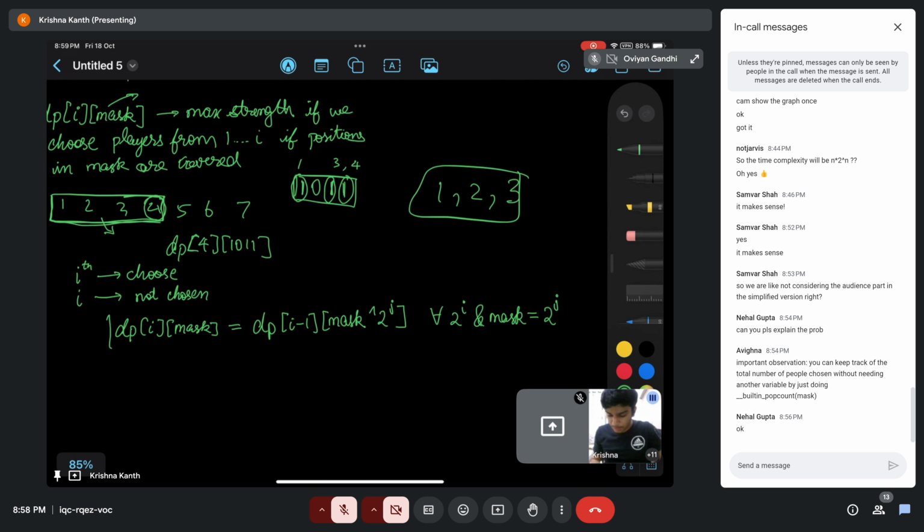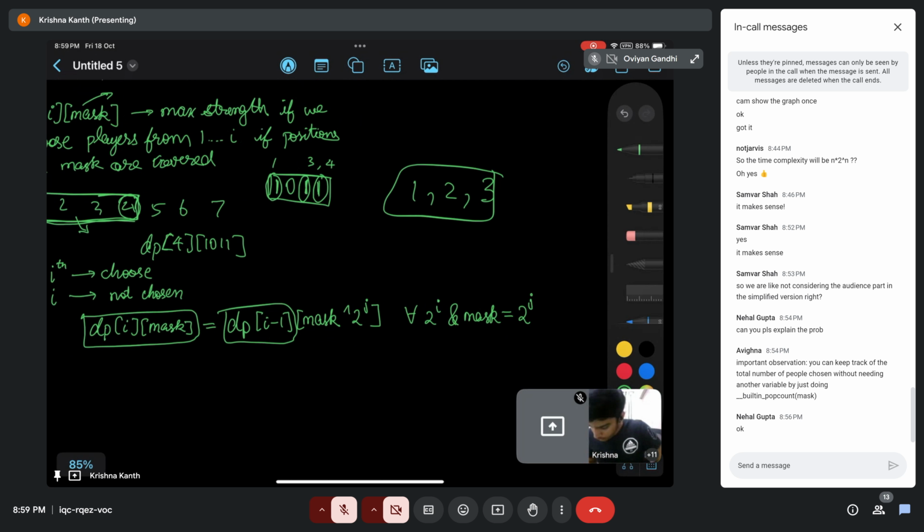So you can see that DP[i][mask] depends on DP[i-1] and some changes to mask, because we are removing a person and trying to see how he fits in, and then we're adding that value also. So that's how this works. Since we are removing that person, here we would have a term that is adding the ith person.